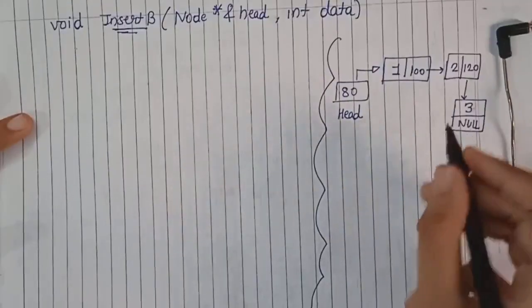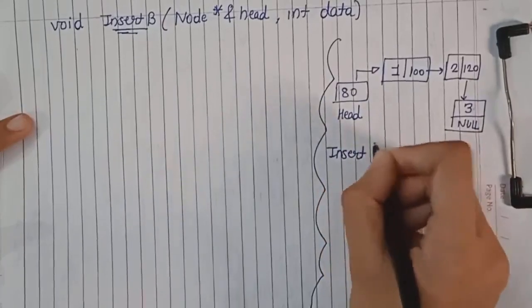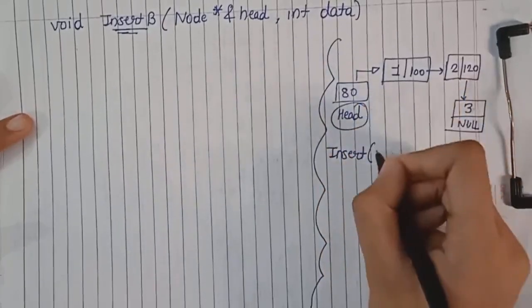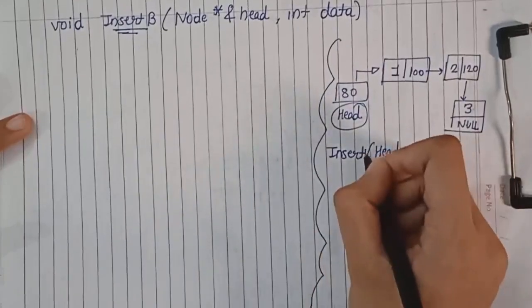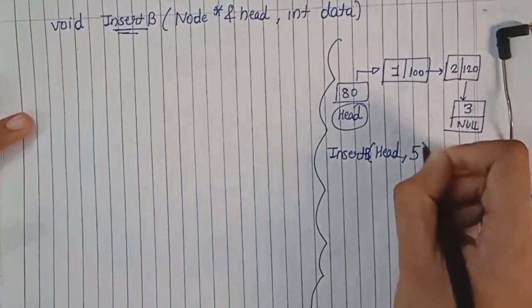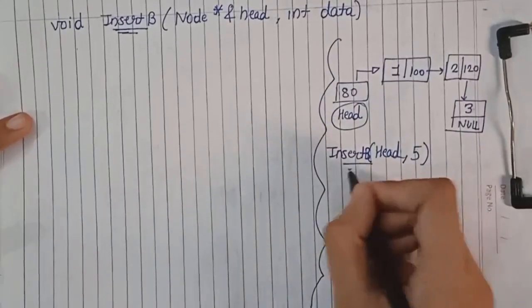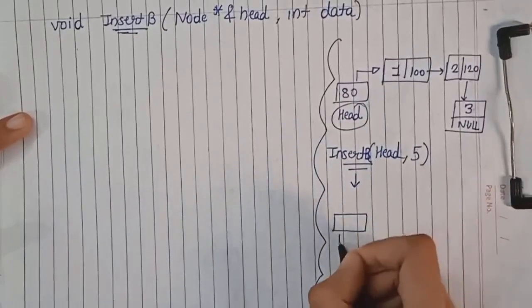I will be providing this function this head, and the value that I want to insert at the beginning, that is 5, and after this call my linked list will be like this.